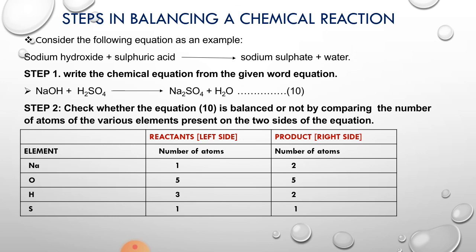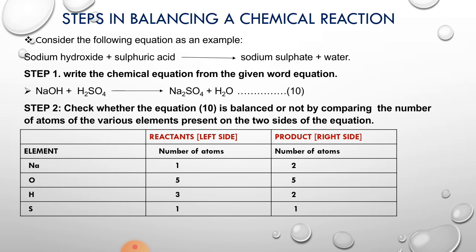Now the last, S. The number of atoms on the reactant side is 1, only S is there, and the number of atoms on the product side is also 1. So now you can see that Na is unbalanced because the reactant and the product side atoms are different, 1 and 2.